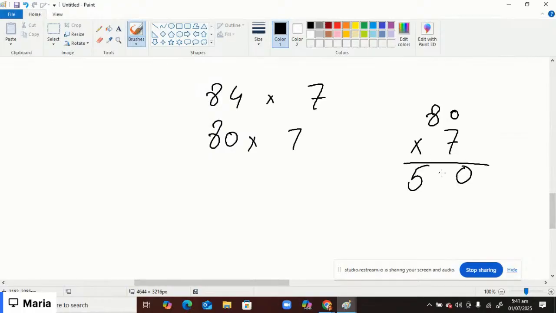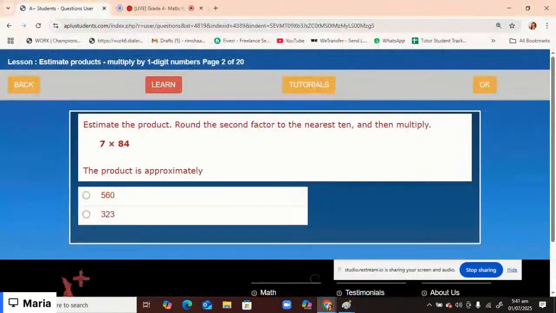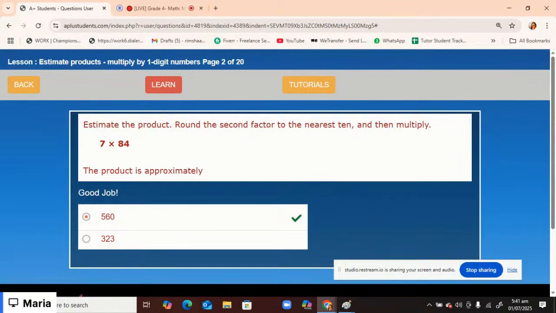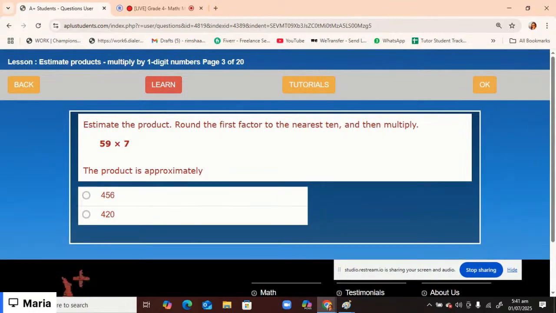Okay. So make sure to practice the tables and memorize the tables. All the tables, okay? Table of 2 to 9.